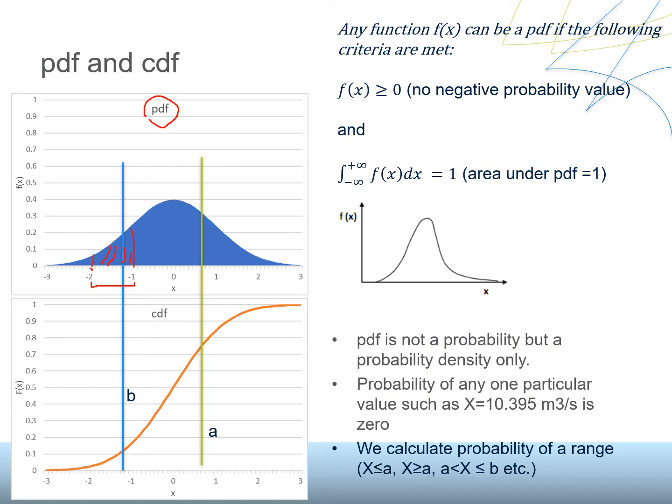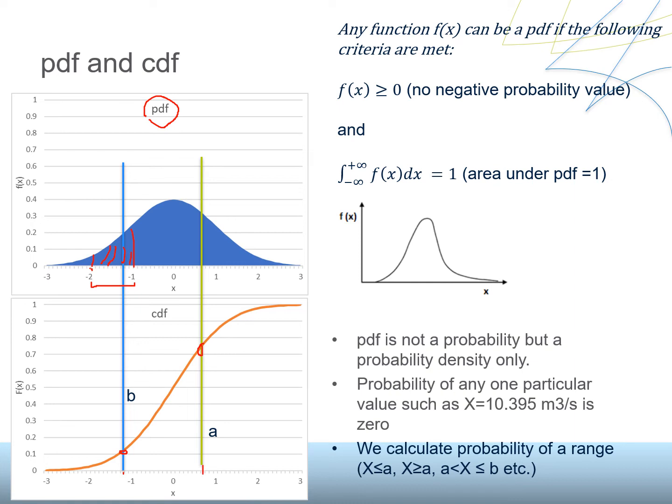You can also plot this cumulative distribution curve using the cumulative distribution function. You can calculate the probability of the random variable being, for example, 1.3 or less, or the probability of the random variable being 0.7 or less.